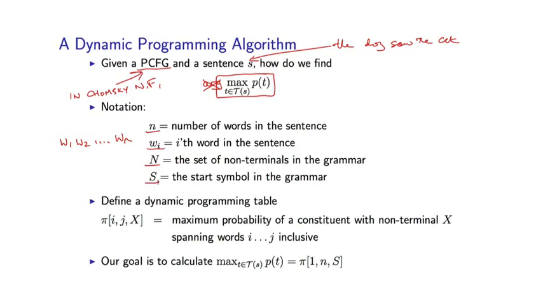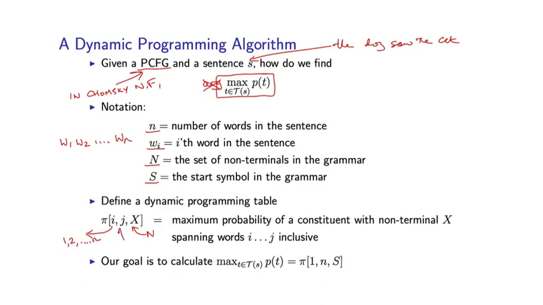Okay, so we're again going to make use of dynamic programming, and I'll again use pi to refer to a dynamic programming table. And pi is going to have three indices. So x is a non-terminal. i is going to be the first index in the range 1 up to n.